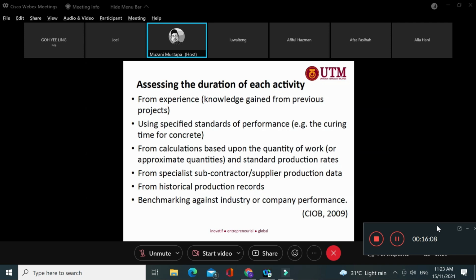So if they rush, that's why there is a problem in terms of the curing time not being mature enough and so on, right? And back to that basic again, when you do a tender document, you invite the tenderer.